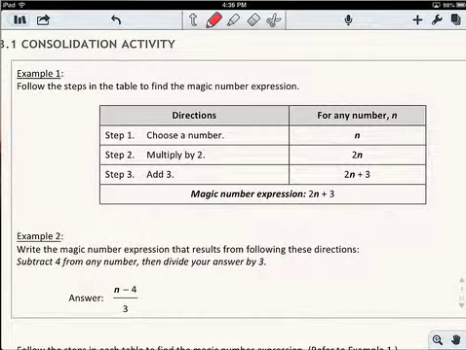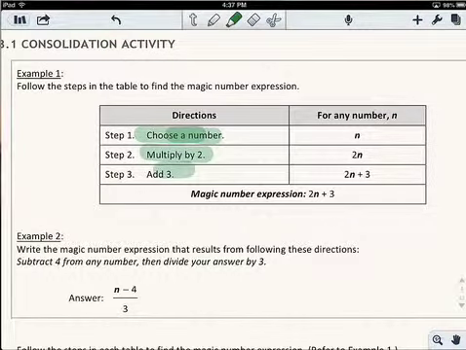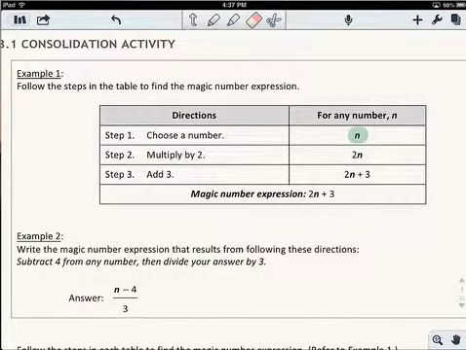So here we have a consolidation from yesterday, but we're having to go back and do it because it is a great activity, and it's worthwhile. We want to remind you what we talked about yesterday. We were looking at these magic number puzzles, and we got sets of directions, and from the directions we were supposed to do things to numbers over here, and we got to this point where we weren't actually writing numbers anymore. We were writing any number n, which we said was a variable, and so we tried to follow the directions that we were given.